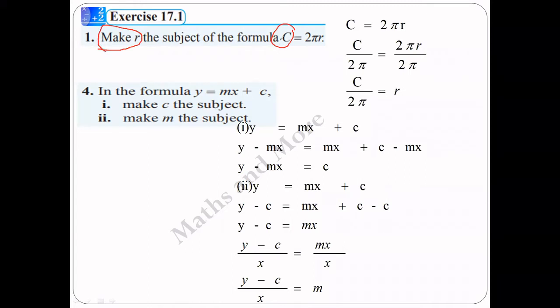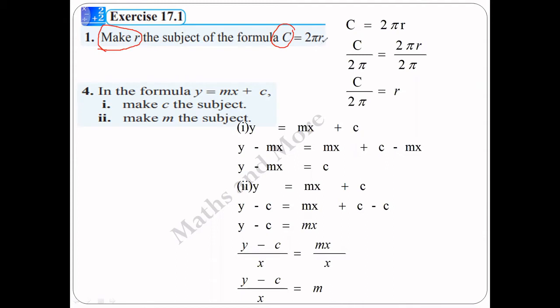So R should be on the left or right side, in one side. So at this moment, C is in one side. But finally, R should be in one side. That is our target.